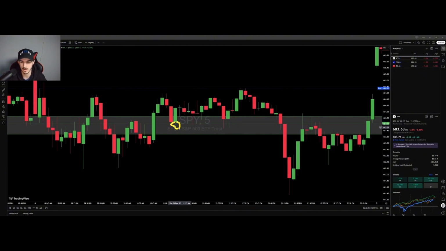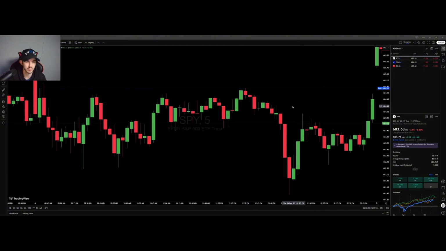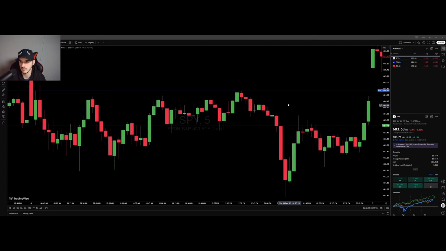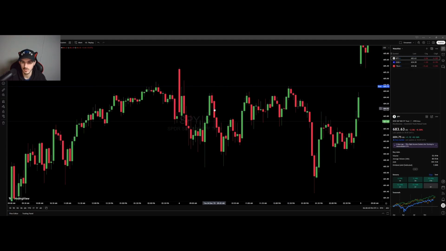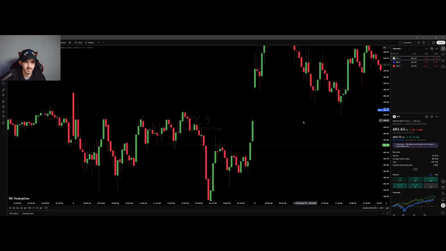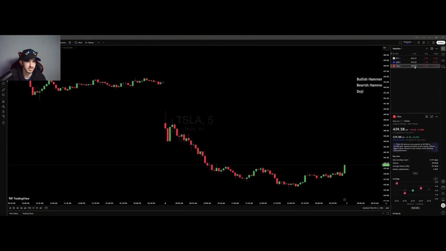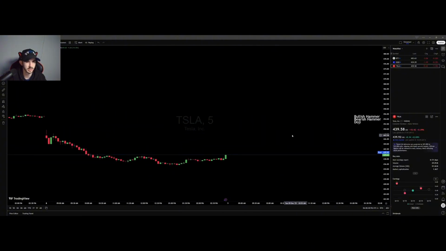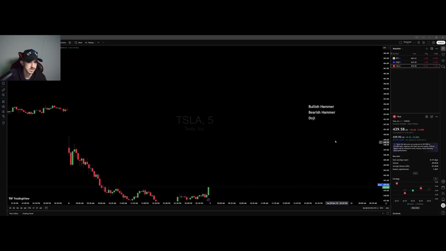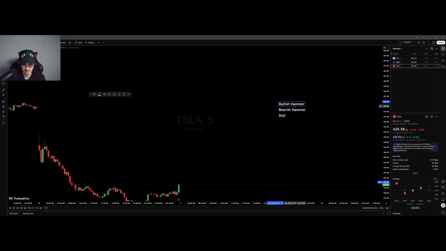But now we're gonna move on to the bearish hammer, and we'll see if we can find a good example of that. So bearish hammer, like I said, if we go back to Tesla, we marked it out here, I believe. Yeah, so we went over bullish hammer first. Now we're on the bearish hammer.